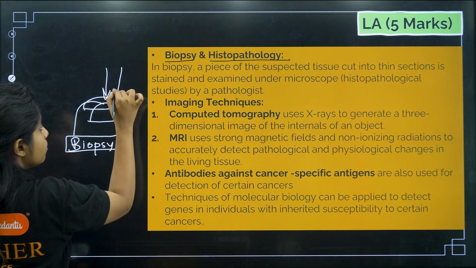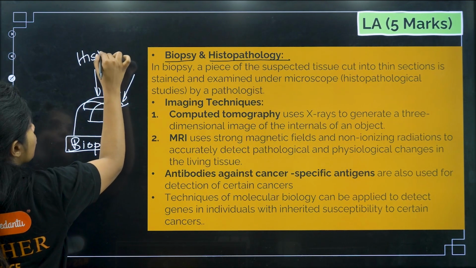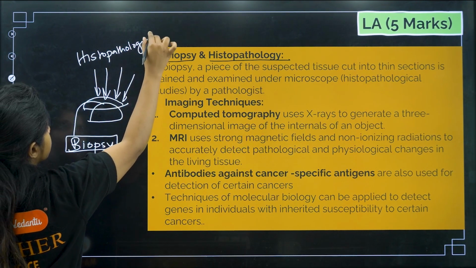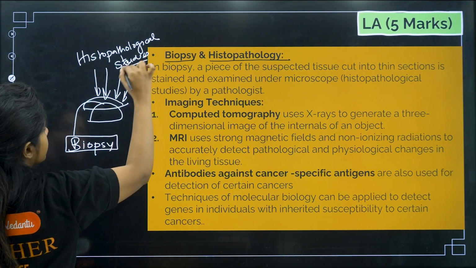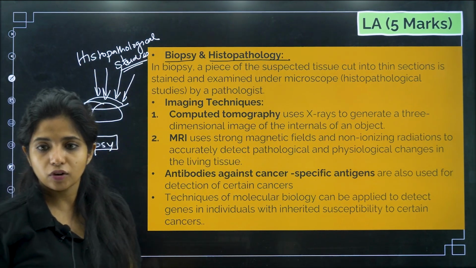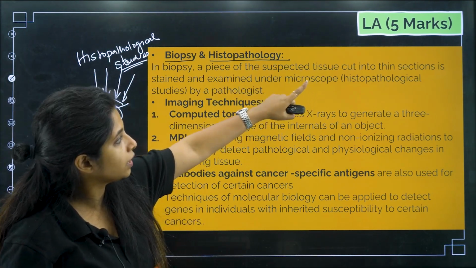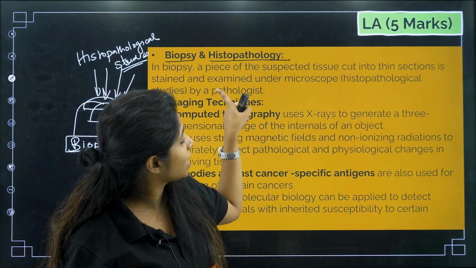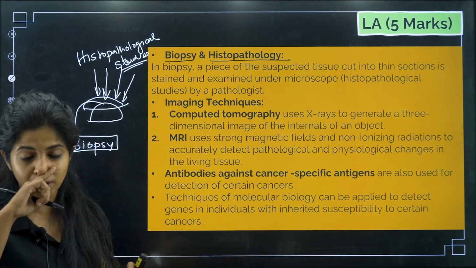This process of checking is known as histopathological studies. So, in biopsy, a piece of the suspected tissue is cut into thin sections, stained and examined under a microscope. This examination is known as histopathological studies. So, this is one technique to diagnose things.